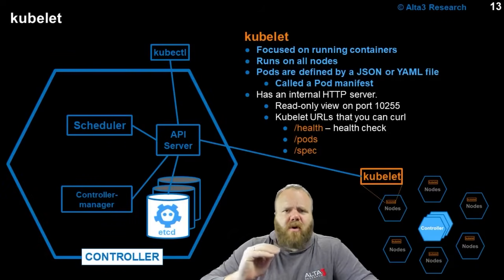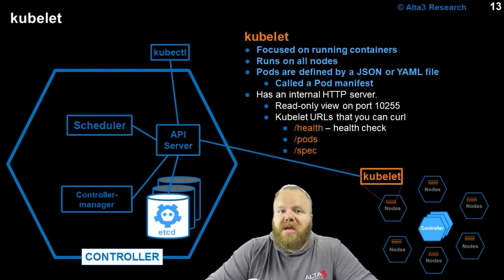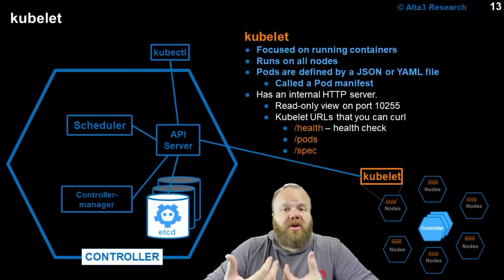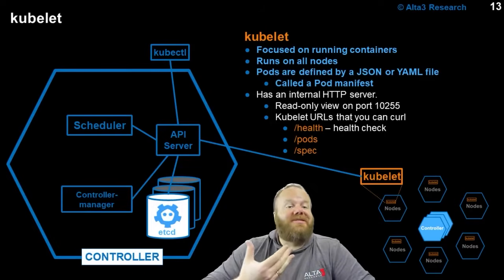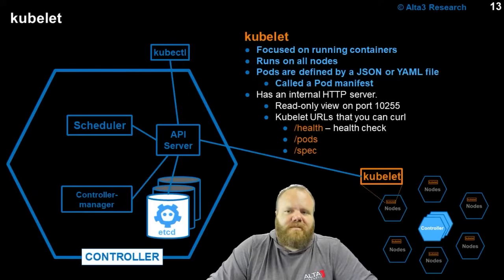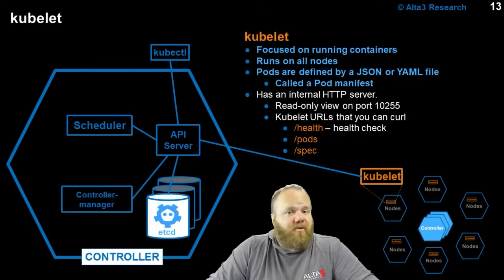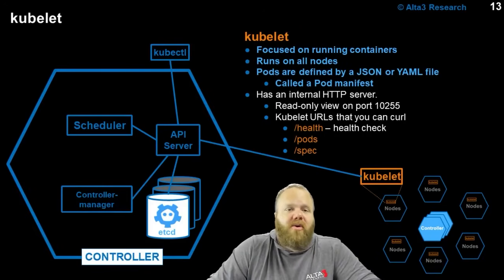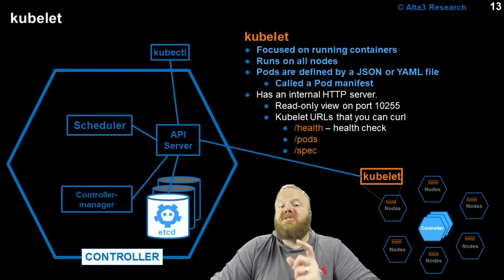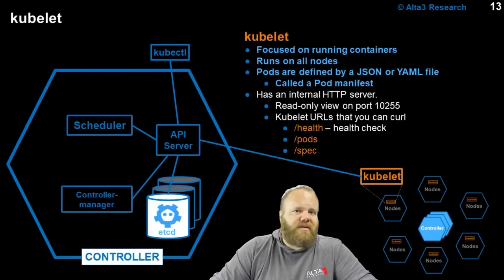It's responsible for all sorts of things, making sure that the containers are started, stopped, or restarted appropriately on each node in your cluster. Any instruction that comes from the controller node is going to be received by kubelet. So suffice it to say, if kubelet encounters problems on one of your nodes, well, then your node is now in trouble because that is your sole connection to the rest of the cluster.